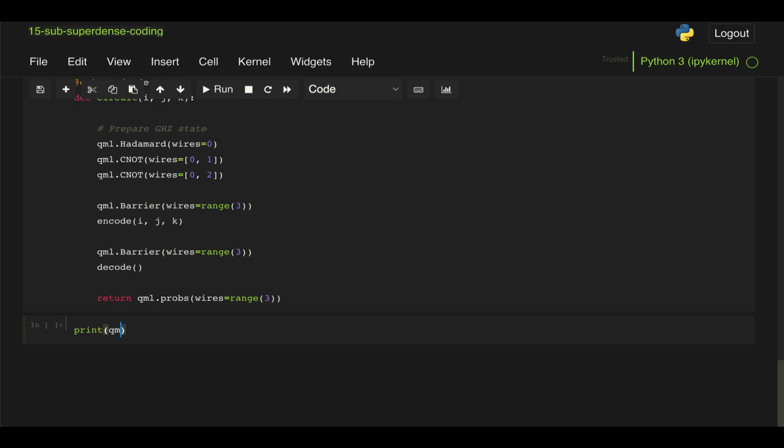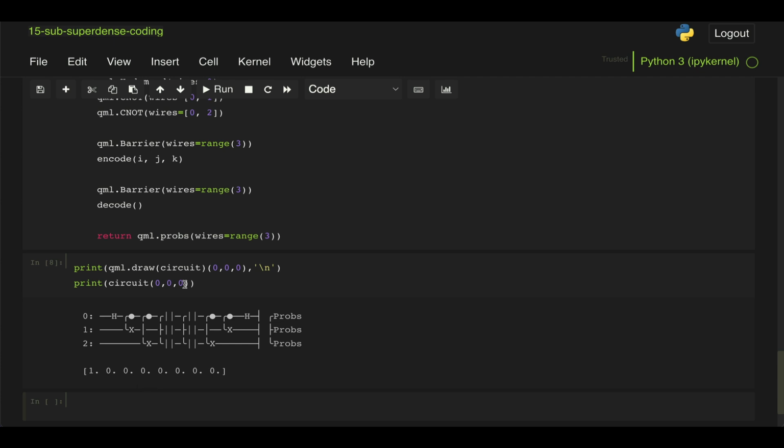Let's now draw our circuit for, let's say, an input 000, right? And then let's print the output of that circuit. So here we can see that when the input is 000, here in between these two barriers, we're doing nothing, right? We're passing identity. And then Bob is decoding state 000, right?